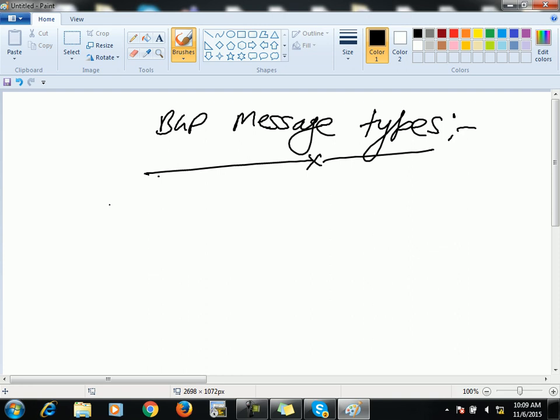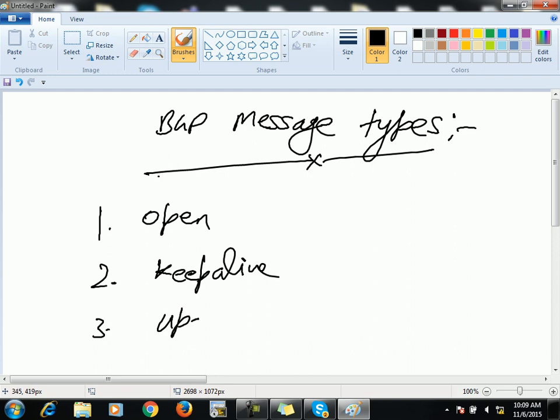In BGP you will have multiple types of messages such as open, keepalive, update, and notification, right?